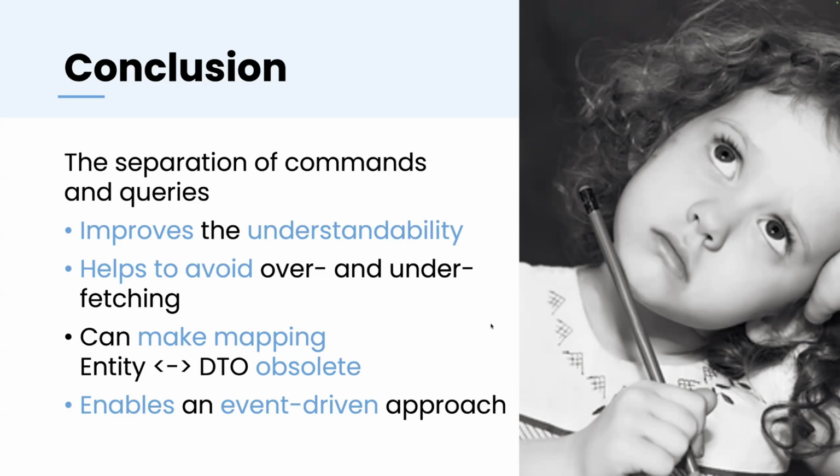And this would make it very, very understandable what happens on the system. Then it helps to avoid these two issues, so the over and under fetching, and it also can make the mapping entity to DTO and vice versa completely obsolete. And finally, it enables the event-driven approach.